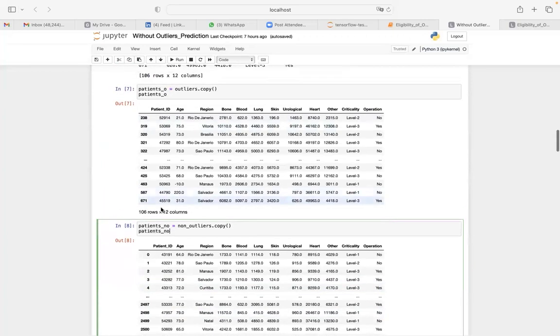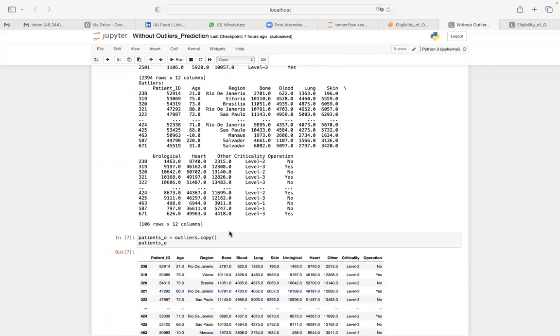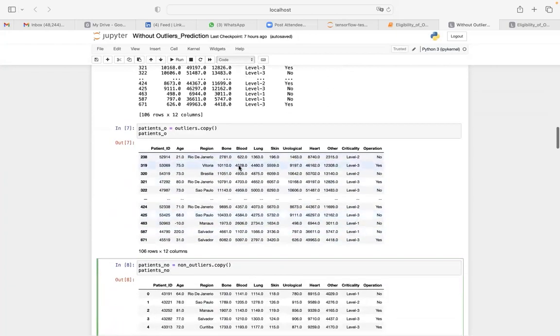You can see there are 106 rows in the combination of age and urological column. Although in terms of bone, blood, skin, lung, etc., they are not outliers and cannot be considered as outliers.